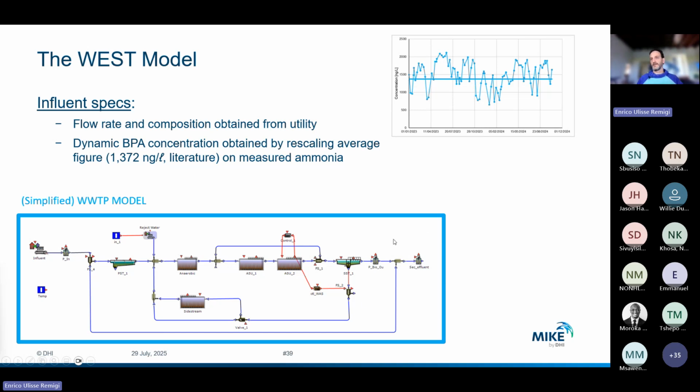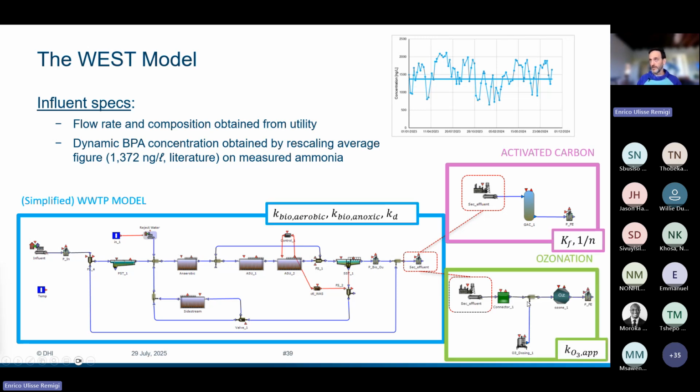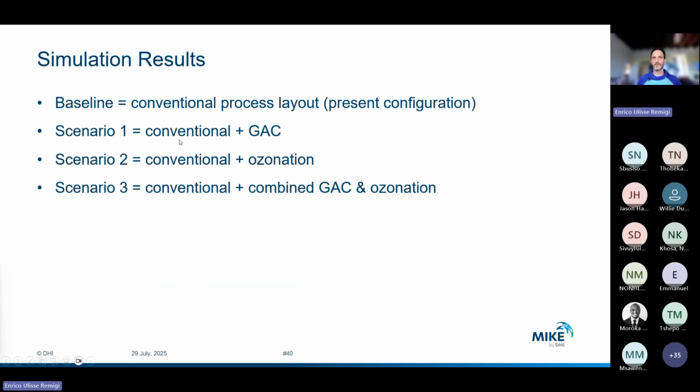And the work on this thesis focused on what could be after the secondary treatment, the usual biological treatment. We looked at activated carbon and ozonation and the combination of the two. So these were the scenarios that this student assessed.